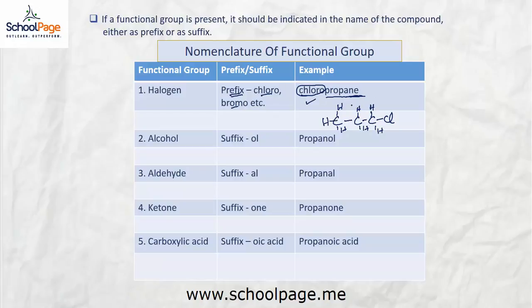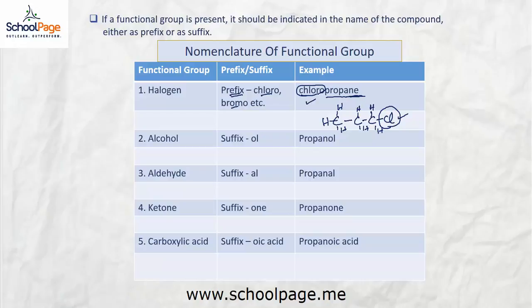Chloro, so a chlorine atom is present, so I am writing it here. So see that the chlorine, which is a halogen, is present as a functional group in this propane molecule. When I write the name, I write it as chloropropane.